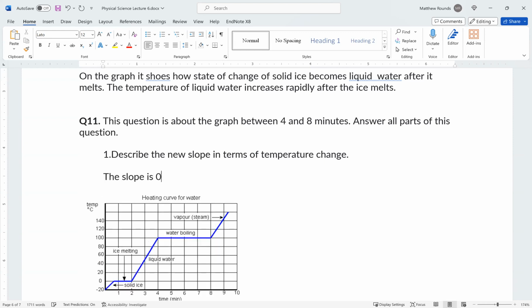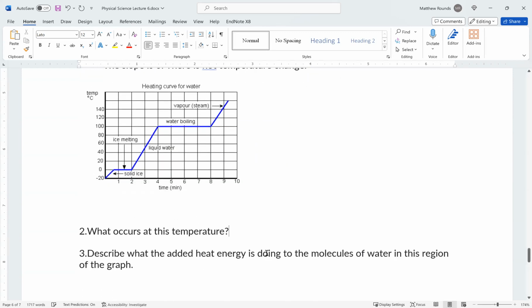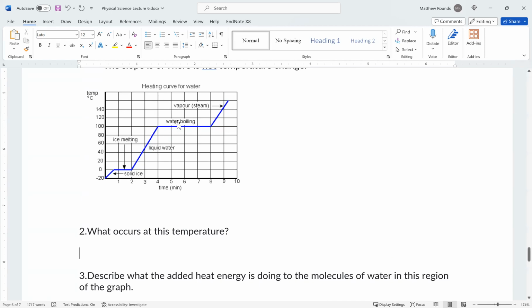The slope is 0. There is no temperature change, right? Okay. All right, give me a sentence that describes what's happening in between 4 minutes and 8 minutes.